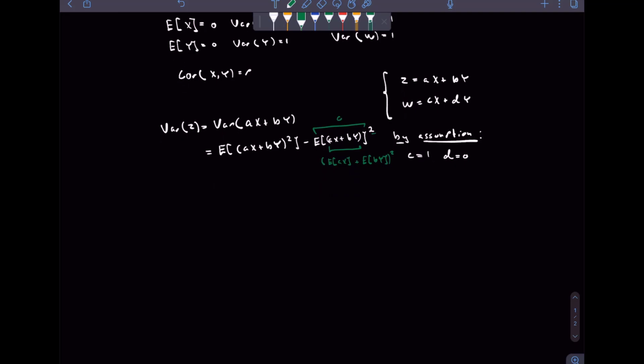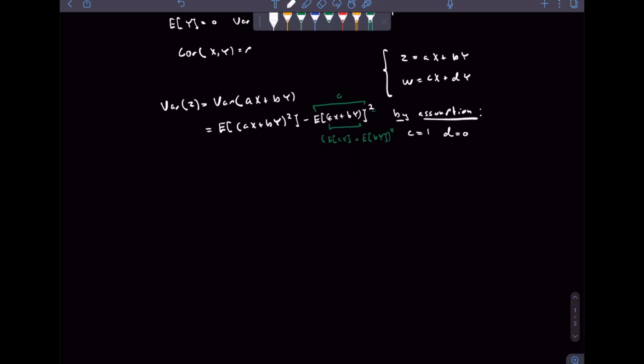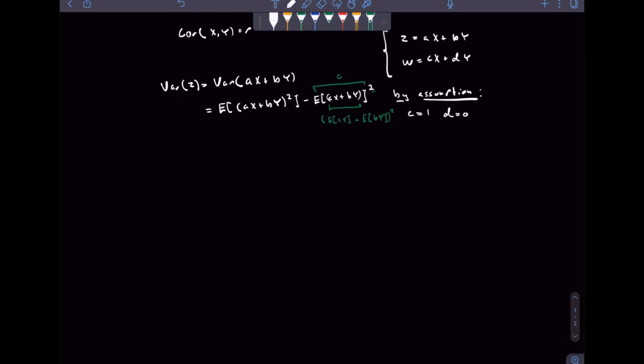And the rest of this term we can just multiply out and see what we end up with. So we have the expectation of a squared X squared, plus 2ab XY, plus b squared Y squared.